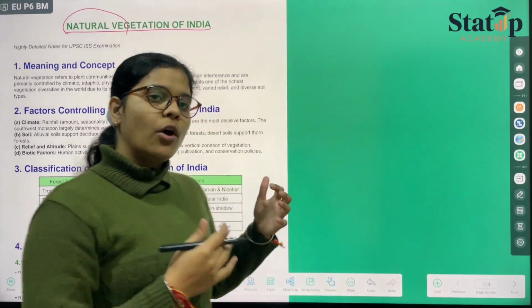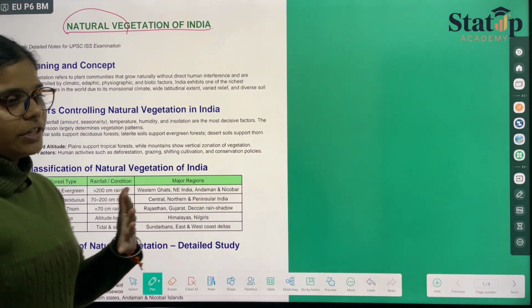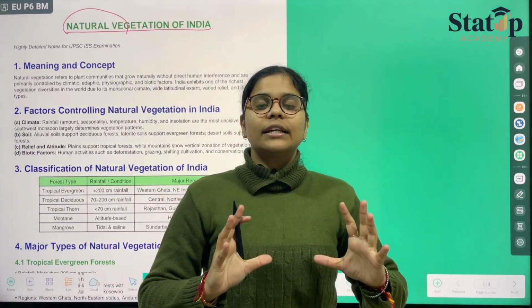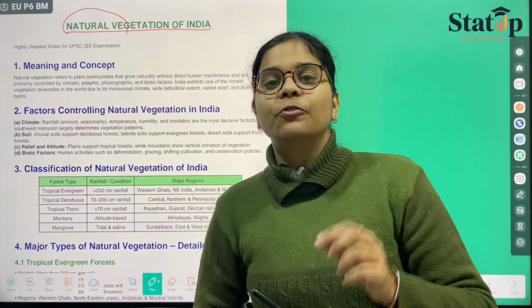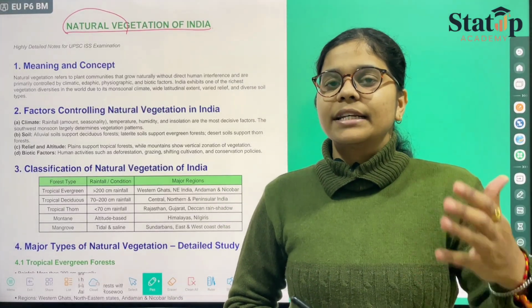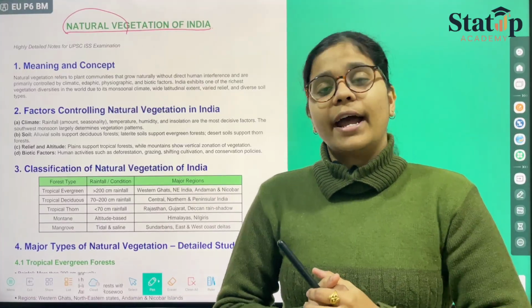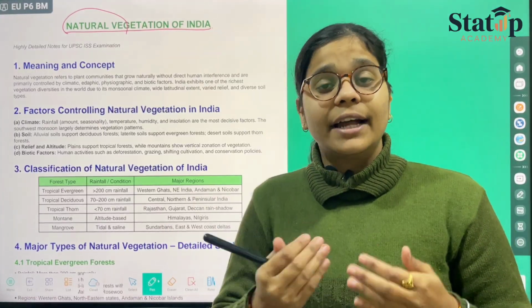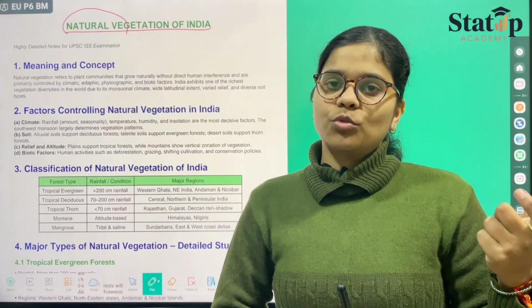natural vegetation of India. When we talk about the natural vegetation, there are certain factors that contribute to what type of vegetation would be found. First of all, the thing that comes to our mind must be the rainfall, the distribution of the rainfall. We all know that the type of climate India has is the tropical monsoon type of climate.